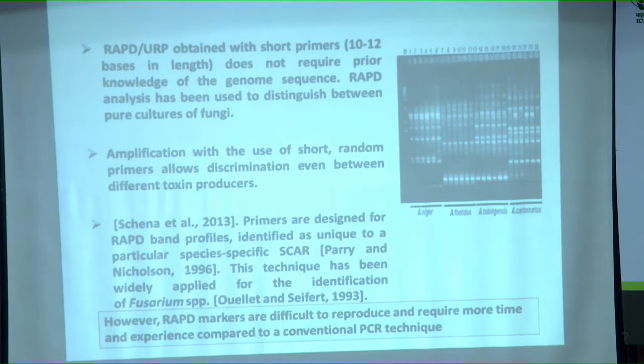Similarly, like RAPD we have URP, that is more stable. URP is universal rice primers. It gives a similar type of banding pattern, so you can use that also for the development of markers and for the identification of the unique target region.